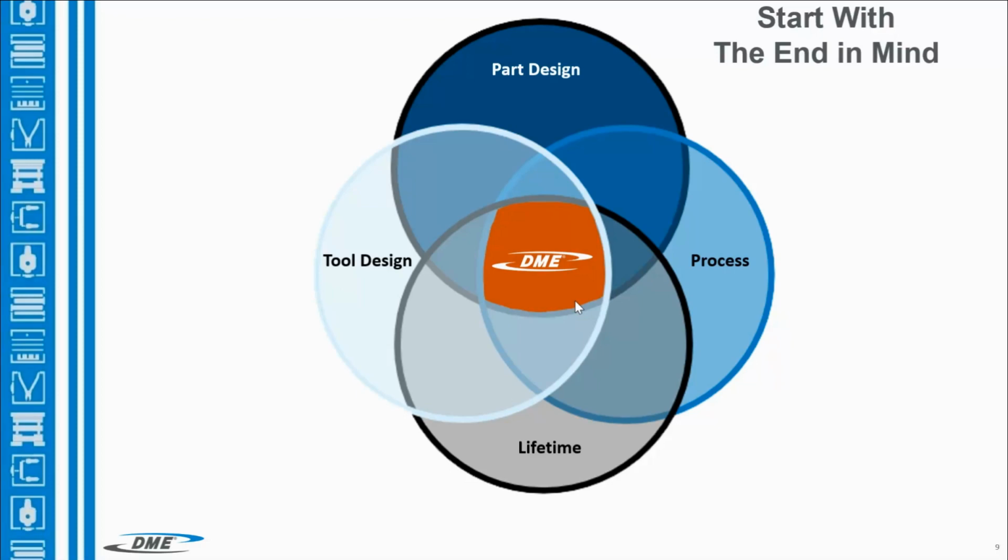Perfect world is we would never have thick and thin parts in the same mold or in the same part. But we know that's not going to be the case in today's world. If you bring the part designer, tool designer, and the process or molder in the same room, you can have those discussions where if you have to have that in your part, the molder is going to need a bigger window from a tooling side, or the tool design is going to need a bigger window on their side.